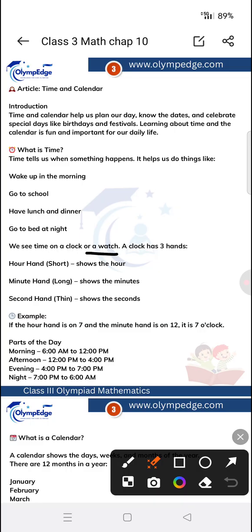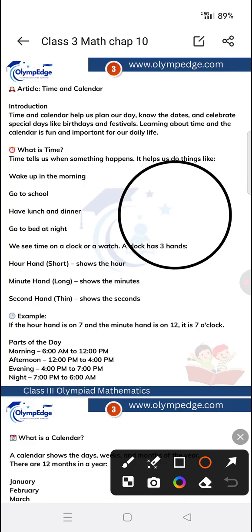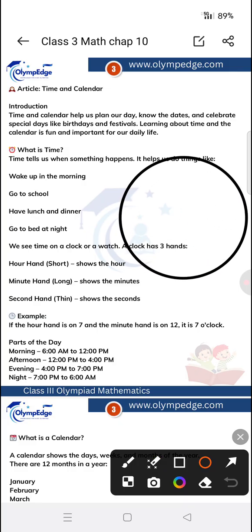So we see time on the clock or a watch. A clock has three hands, right? It has the hour hand, which is the short hand. It shows the hours, right? Then the minute hand, which is the longer hand. Like if this is a clock, then there'll be an hour hand, which is shorter.